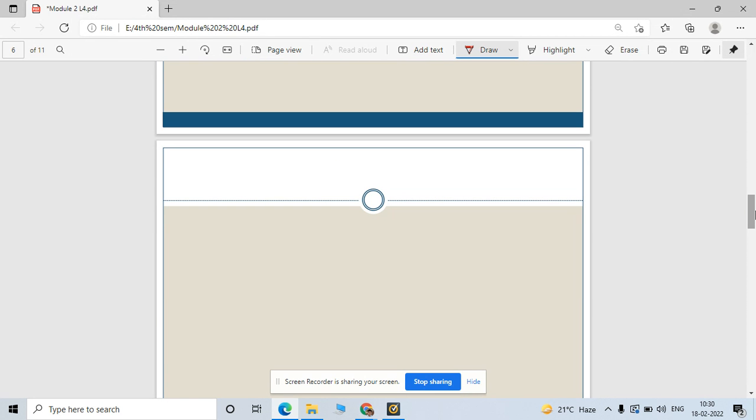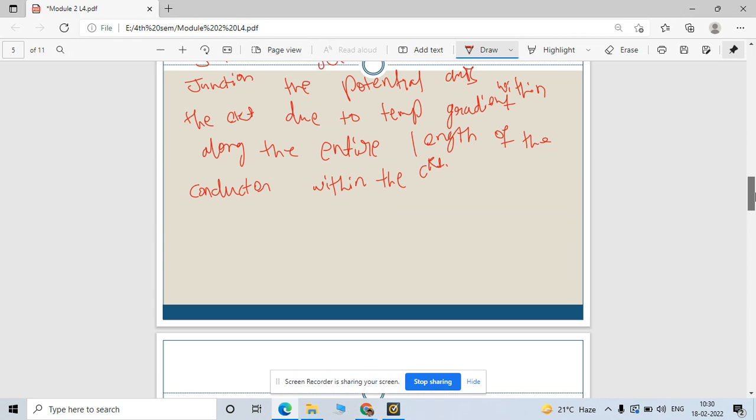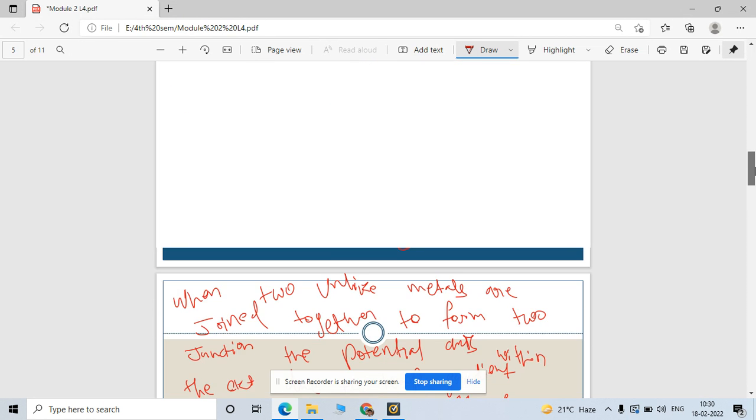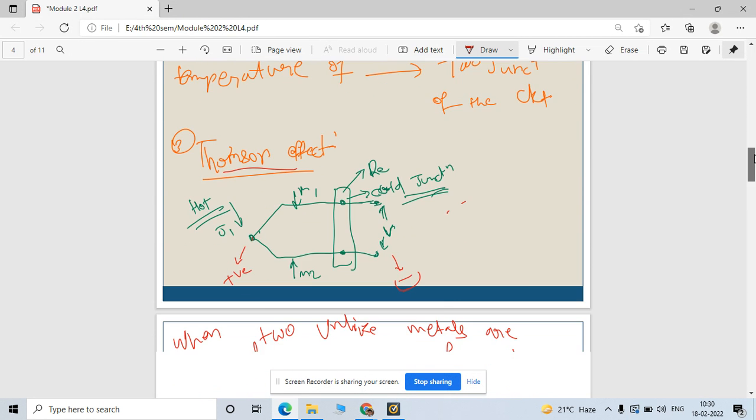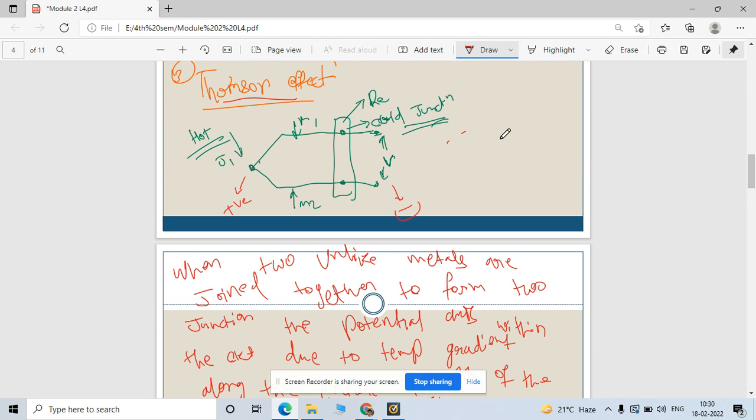What exactly is the reference junction? The reference junction is a junction generally kept at a low temperature. First, the reference junction temperature will be low, right? Why will it be low? Because when you see in industry, there are a number of connections with different metals.